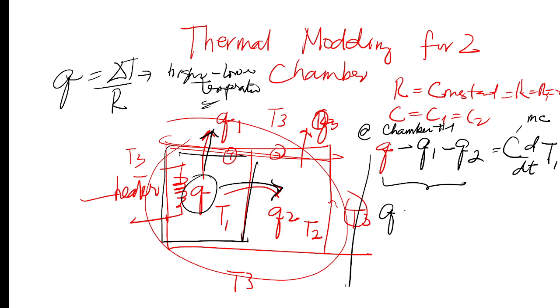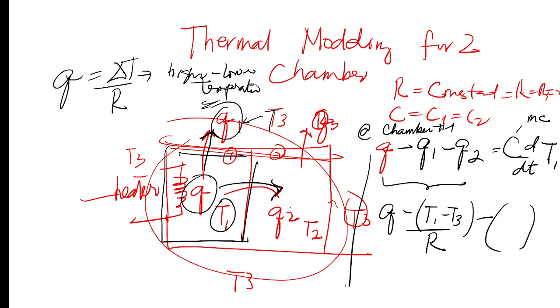So in this case, let me continue. Q minus Q1. But Q1 is coming from what temperatures? T1 is higher than T3, and T3 is outside. So T1 minus T3 over R, because that's the definition of Q in terms of resistance. Then minus Q2.